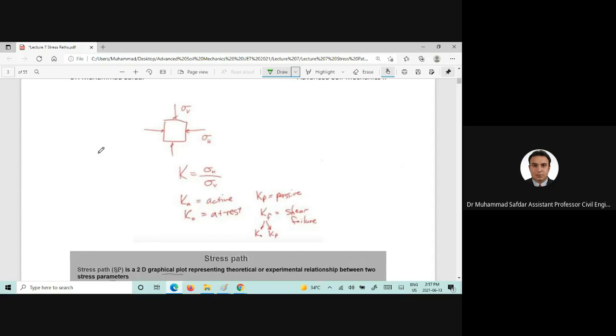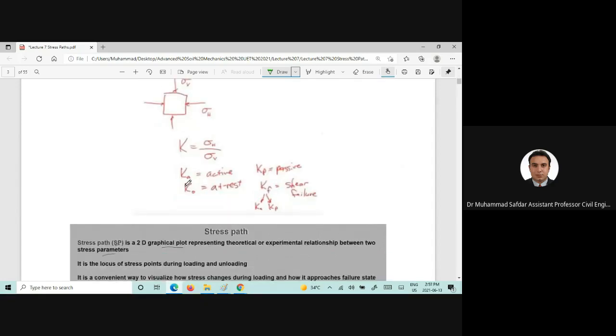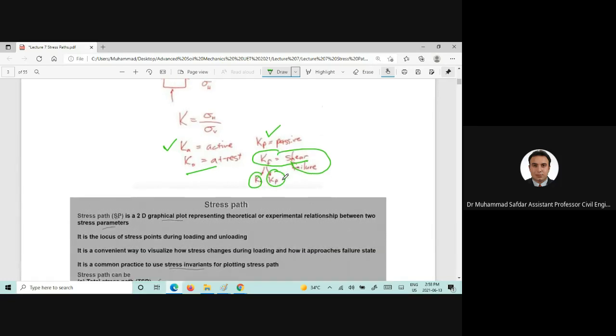If you are talking about the active condition, it's the active lateral earth pressure coefficient. If you are talking about the passive condition, it's the passive lateral earth pressure coefficient. If you are talking about the at rest condition, that would be K naught. And if you are talking about the Kf, that means it can be in active condition or it can be in passive condition.